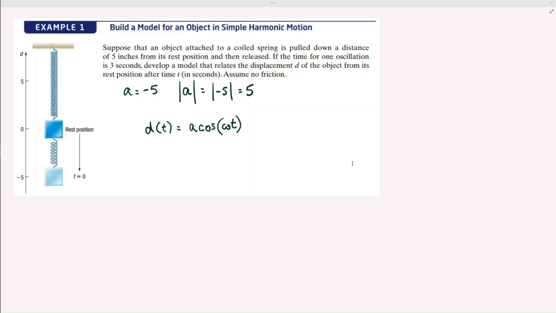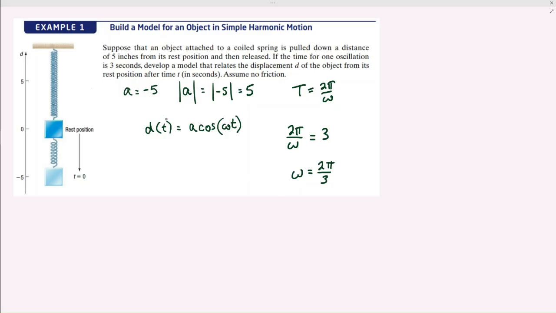So remember that a period is equal to 2 pi over omega, the angular speed. And so since the period is 3 seconds, we can find omega now. If I solve for omega, I get 2 pi over 3.